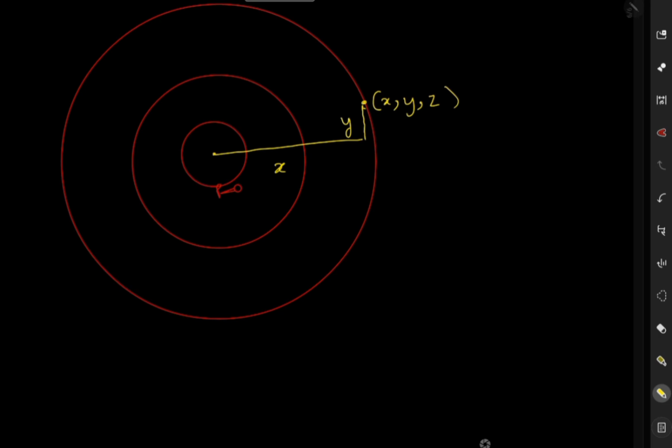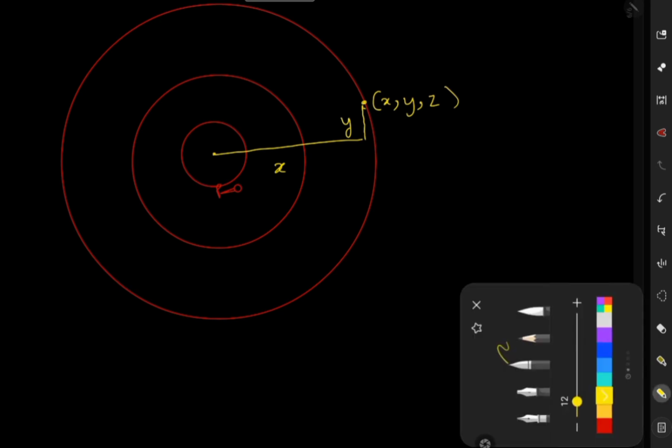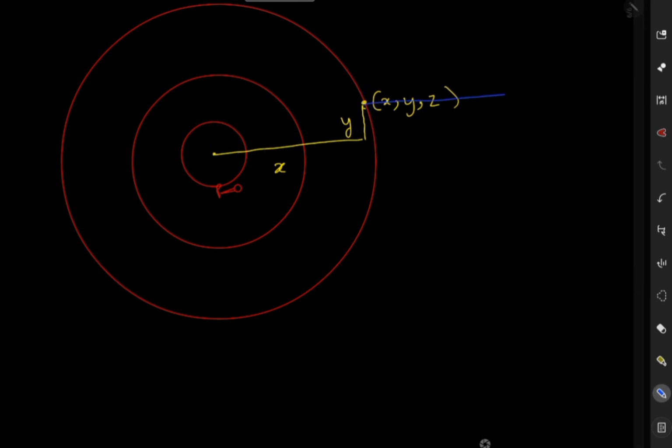So our direction is 2x, double the distance of this, and double the distance of y.